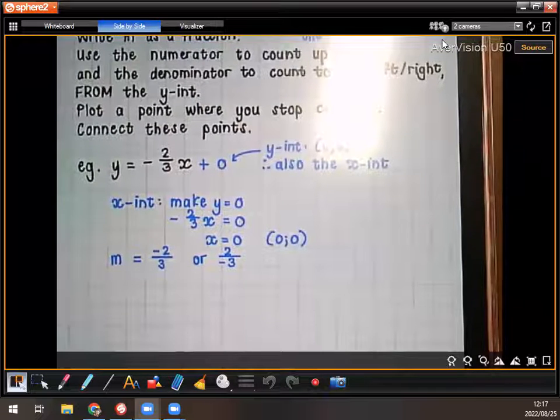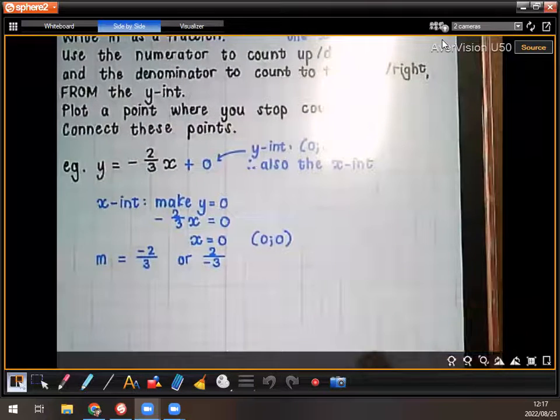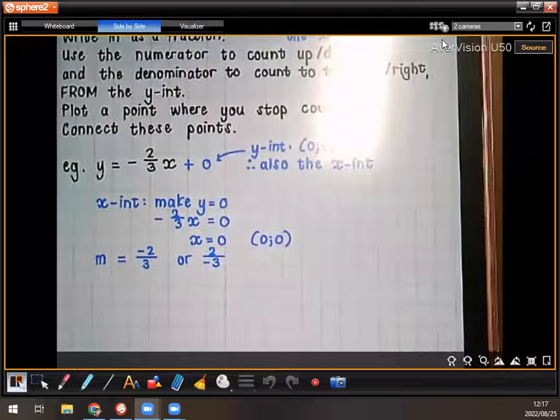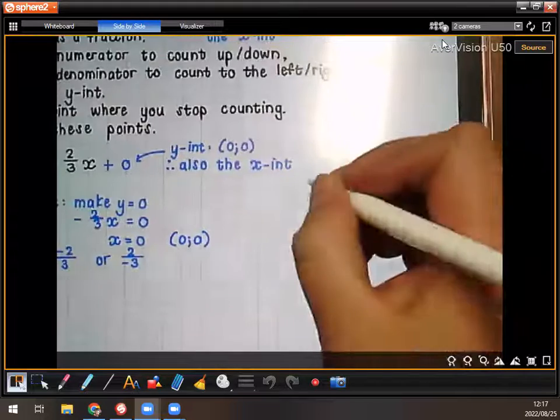All right? Now, guys, from here, we're going to have to first draw our Cartesian plane and just plot our y-intercept because the counting is now going to go from the y-intercept. Okay, so we have to have that before we can do our counting.